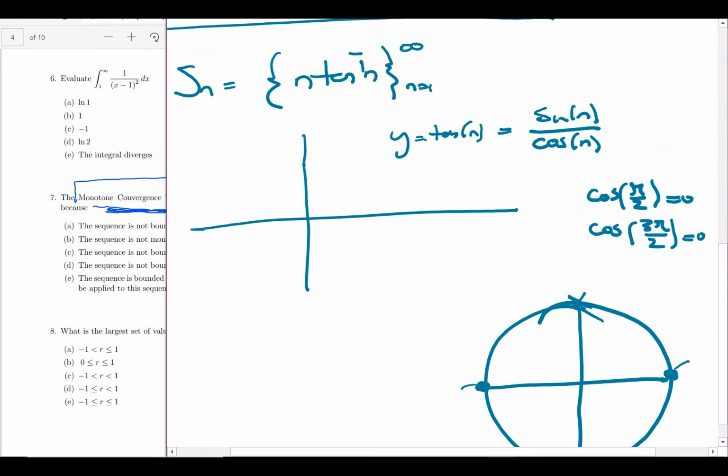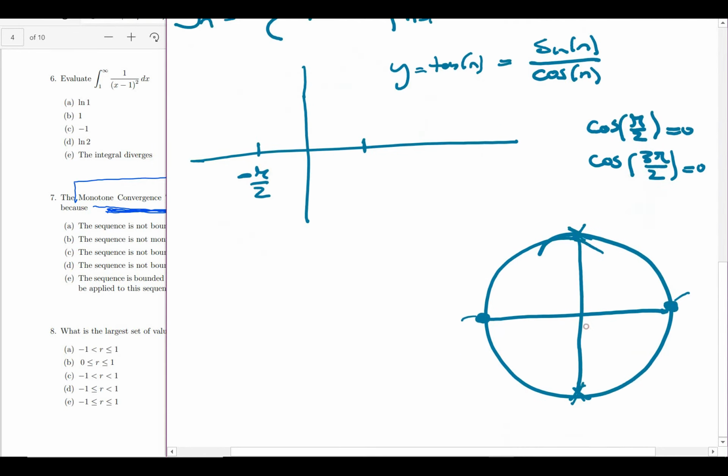So in tangent, let's say we're taking negative pi halves. If we go in this direction, this will be negative pi halves, and if we go in this direction, this will be pi halves.